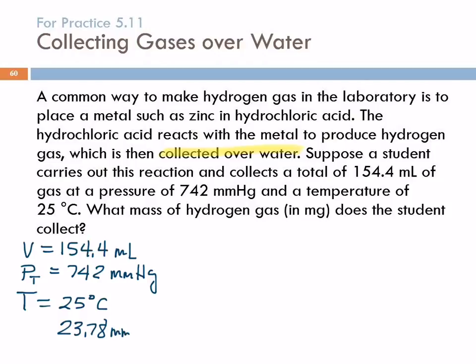That is the partial pressure of the water. So then my pressure of hydrogen equals the total pressure minus the water. 742 minus 23.78.